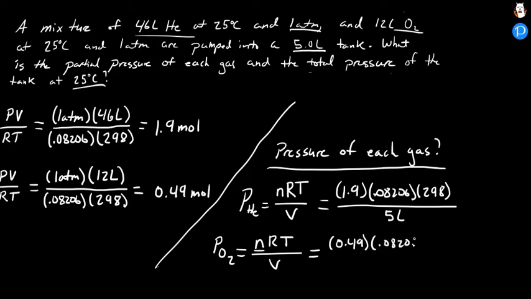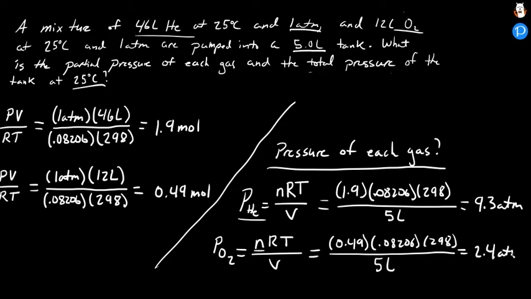Everything else would be the same though. Temperature and volume are still 5 liters and 298 K. Crunch the numbers, and we get a pressure of 9.3 atmospheres for helium, and 2.4 atmospheres for O2. So those are my partial pressures in this 5-liter tank.